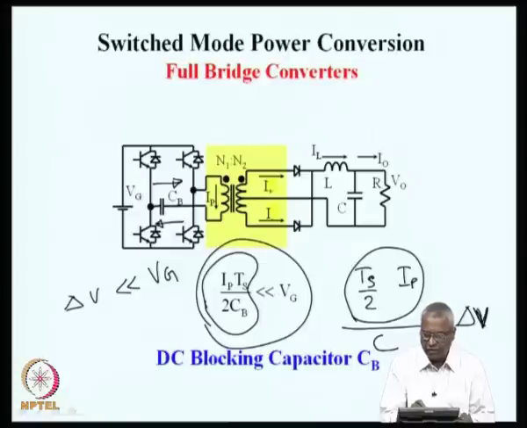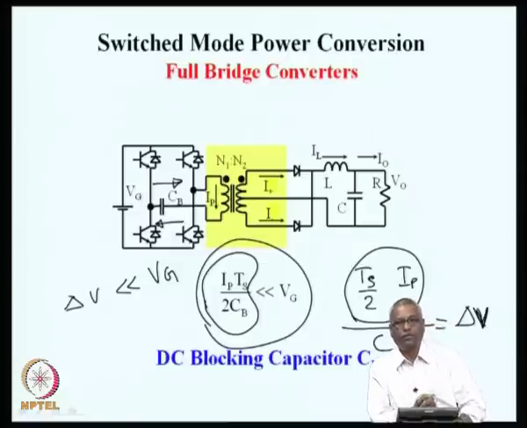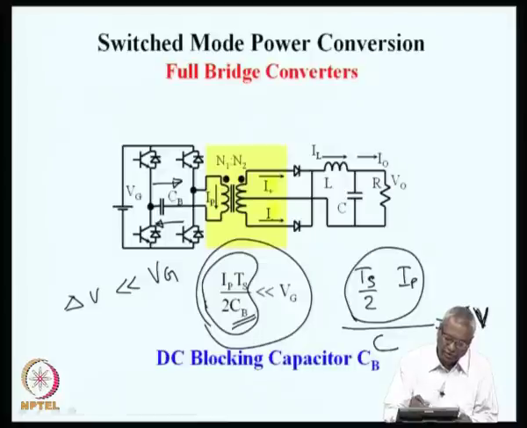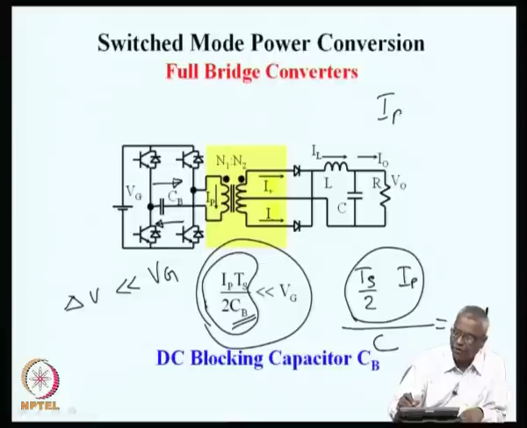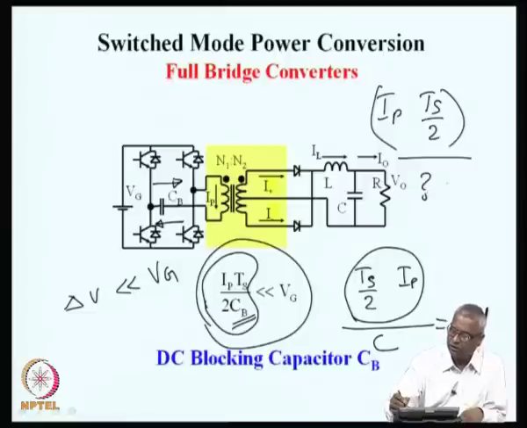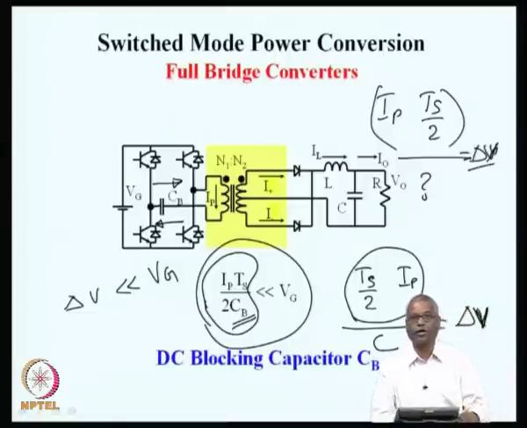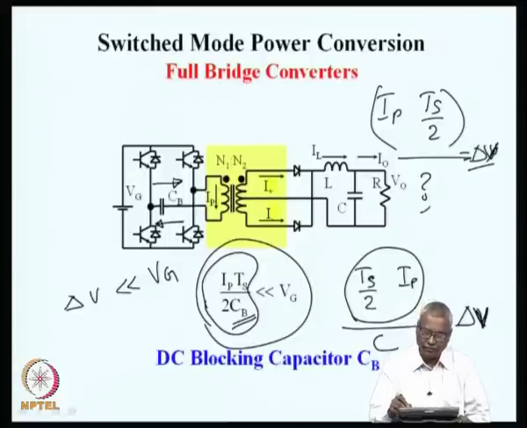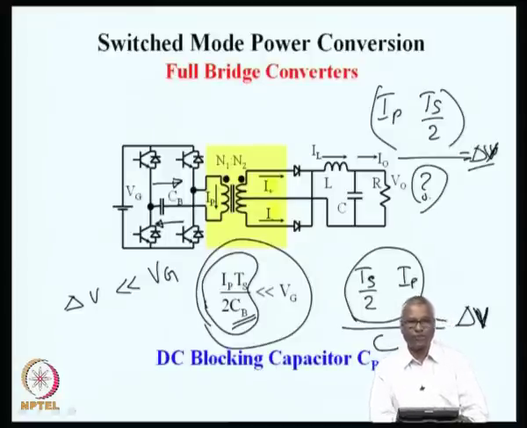So long as that is very small compared to Vg, the blocking capacitor will do its function well, and that is how the CB is selected. In every application, if I know what is Ip, and if I know the switching frequency, and how much voltage ripple I can tolerate, then from that we can find out what blocking capacitor is to be used.